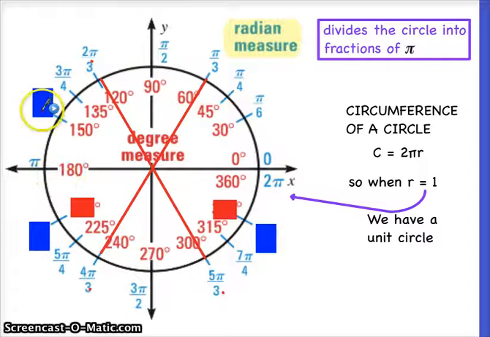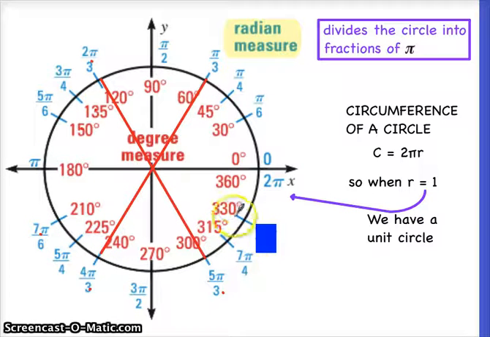Well, 1 full pi minus 1/6 would be 5/6, or 5 pi over 6. And finally, the last of the 30-degree multiples over here, 30 degrees short of 360 is just 1/6 short of a full 12/6, or basically 11/6 is 1/6 short of 2 pi.